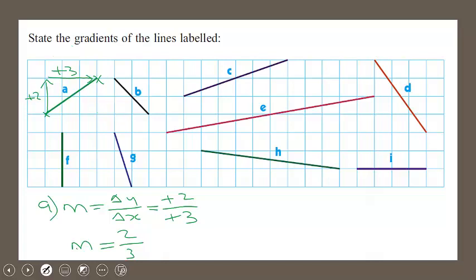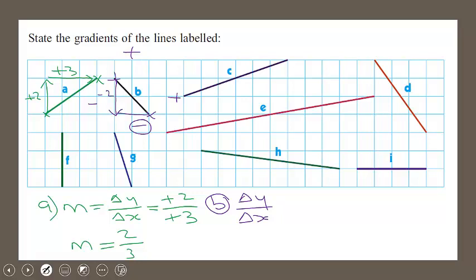Now let's do B. The same thing for B. Up is plus, to the right is plus. Down is minus, to the left is minus. Now for B, I'm going from the left point to the right point. So B, we're saying change in y over change in x. So let's do our y change. I'm going down 1, 2 spaces down. So that's going to be in the negative direction, that's minus 2.